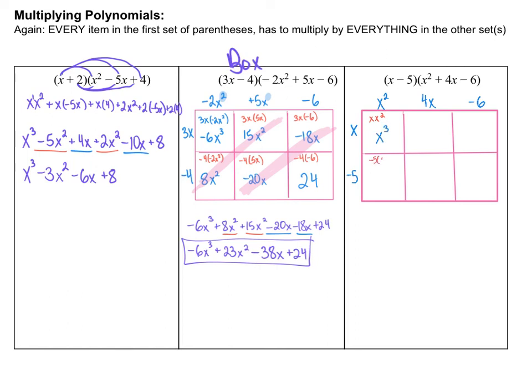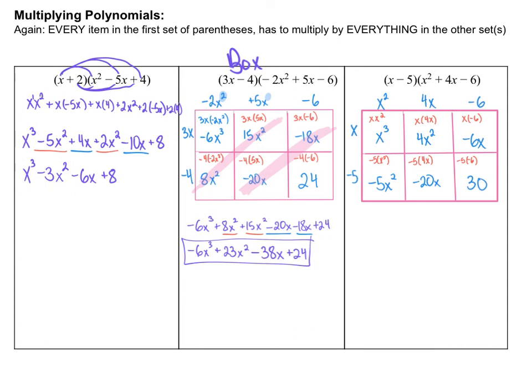Negative 5 times x squared is negative 5x squared. x times 4x, x times x, so we get 4x squared. Negative 5 times 4x gives us a negative 20x. x times negative 6 is a negative 6x. And negative 5 times negative 6 gives us a positive 30.